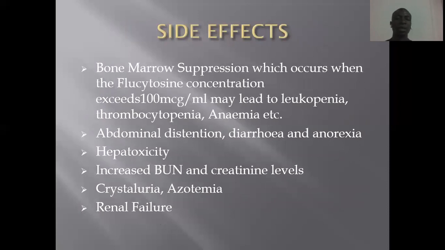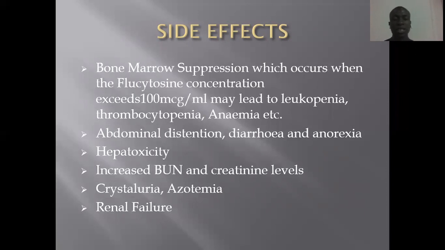Side effects: we have bone marrow suppression. This occurs when flucytosine concentration exceeds 100 micrograms per ml, and may lead to leukopenia, thrombocytopenia, and anemia. So when this drug causes bone marrow suppression, it exceeds 100 micrograms per ml because it leads to leukopenia, that's reduction in the white blood cells, and also the platelets, and causing anemia.